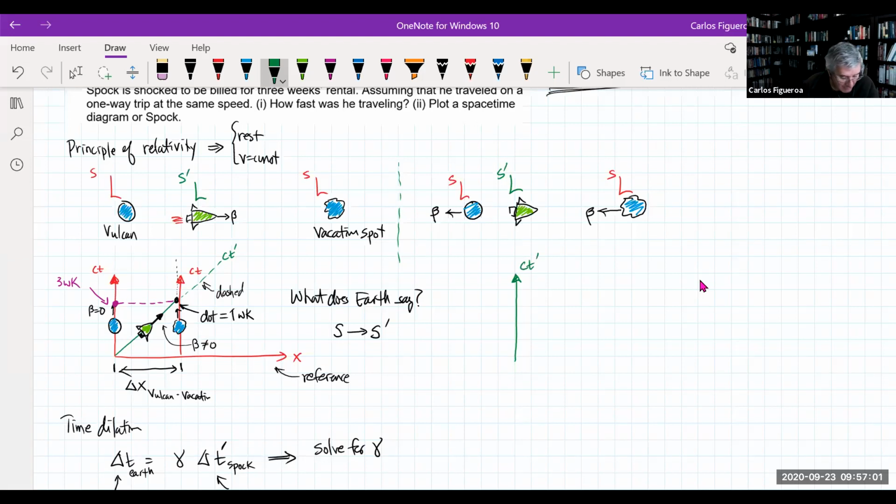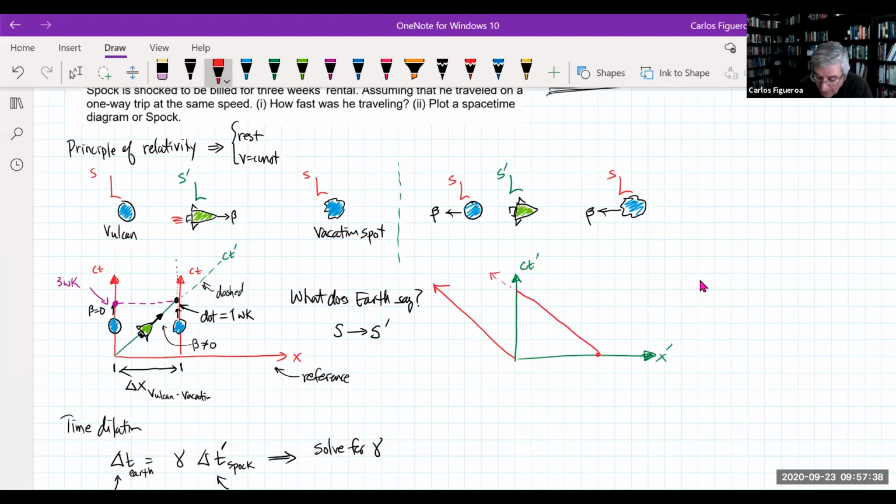And what is the frame of the rocket doing in this scenario? According to this situation, which direction is the Earth moving relative to the rocket frame? Well, it's moving away from the rocket, and the vacation spot is moving towards it in this direction right here.